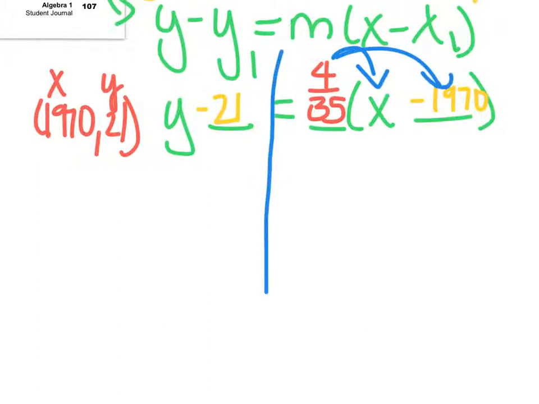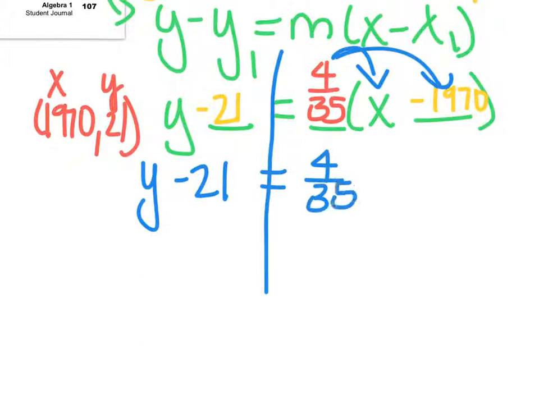So to solve this, I need to distribute on the right side because I need to get y by itself. So I have y minus 21 on the left equals 4 over 35x, and 4 over 35 times negative 1970 is going to give us a decimal, and that's okay. And that decimal is negative 225.14.